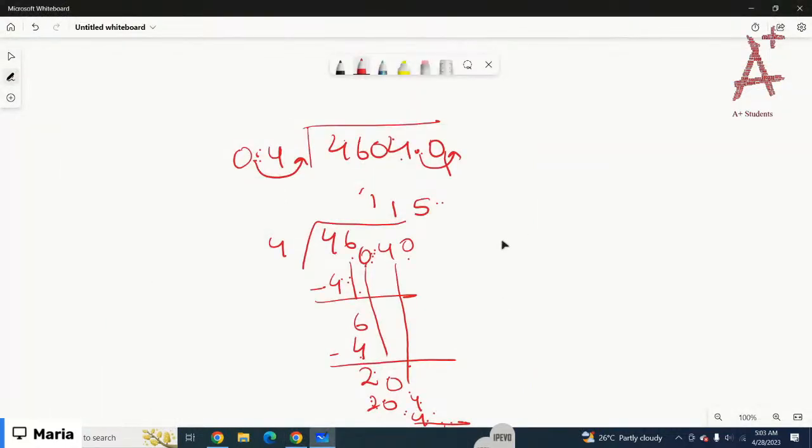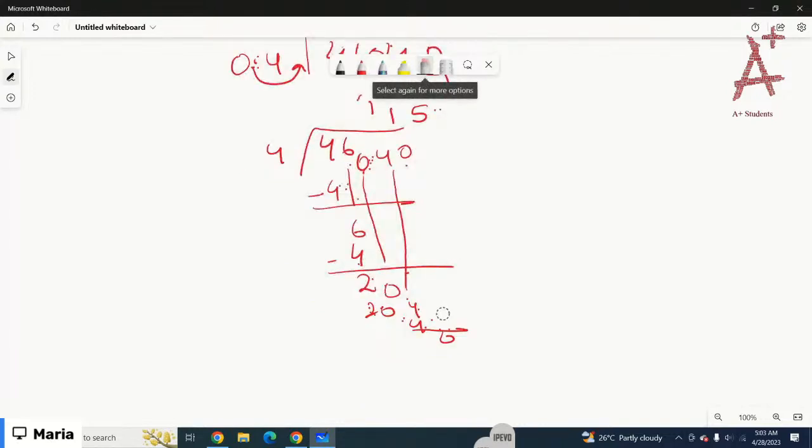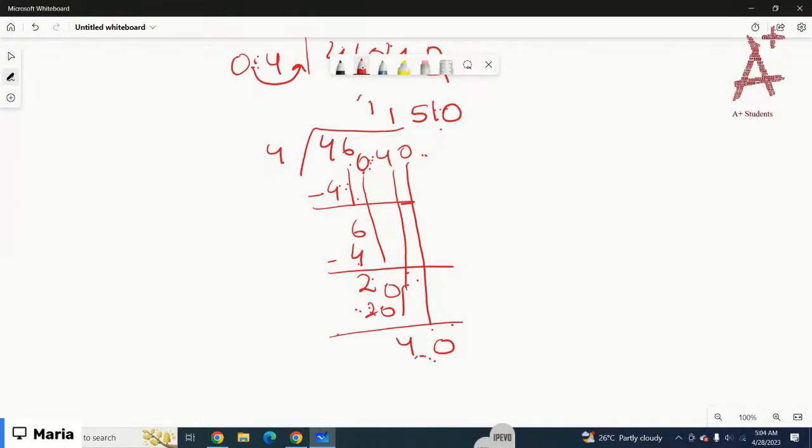Or either you can just bring 40 down. 4 times 10 is 40. So it would be 11,510.